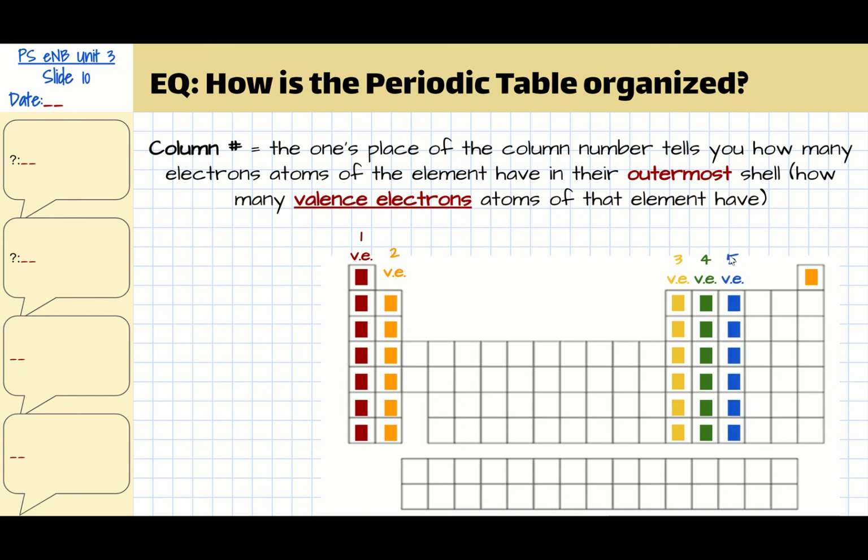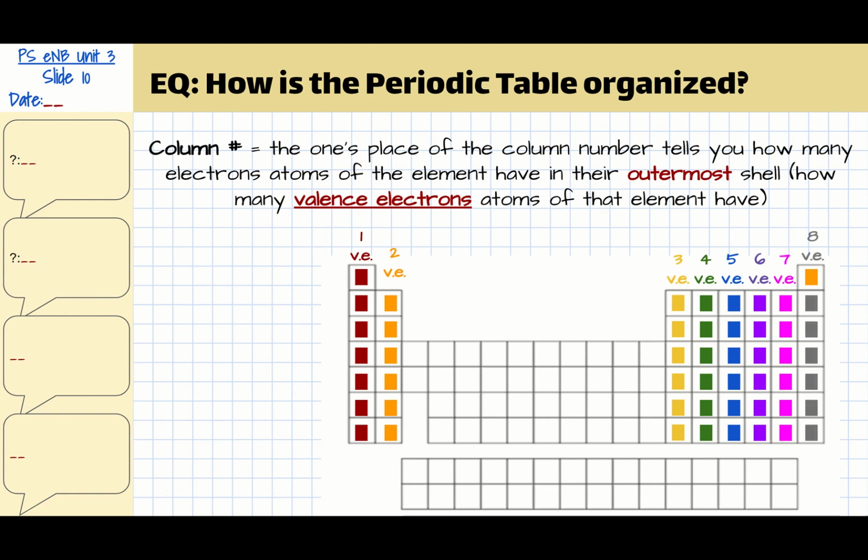Column 15, anything in that column will have 5 valence electrons, or 5 electrons in its outermost shell. Anything in column 16 will have 6 valence electrons in its outermost shell. Anything in column 17 will have 7 valence electrons in its outermost shell.